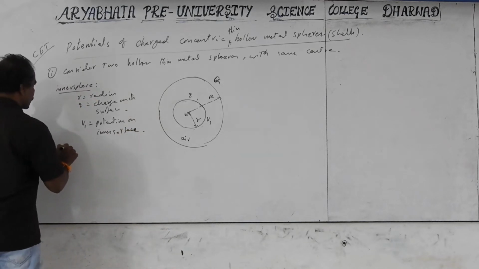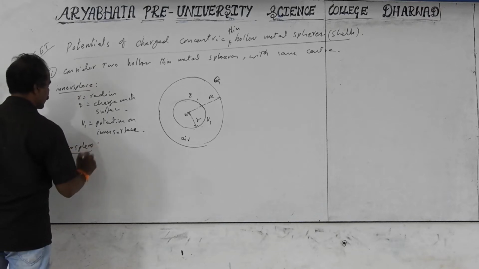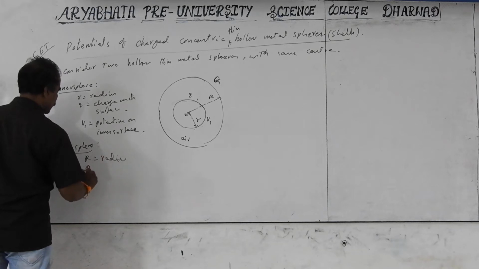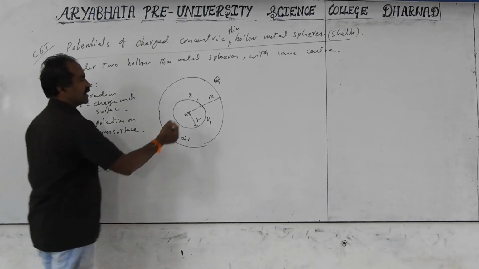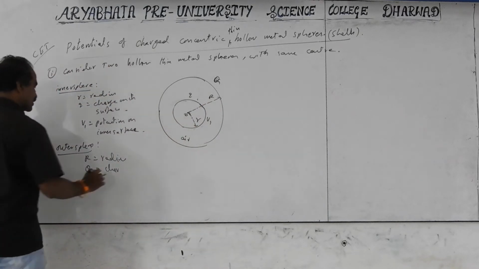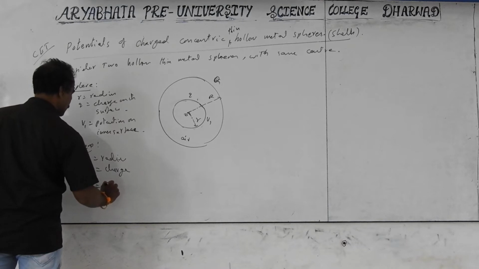Next, the outer sphere. R is the radius, capital Q is the charge, and V2 is the potential on the surface. They may be given as R1, R2, Q1, Q2 instead of small and capital; you must be able to find out.